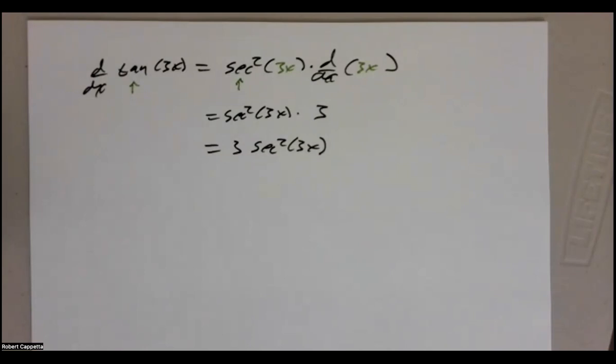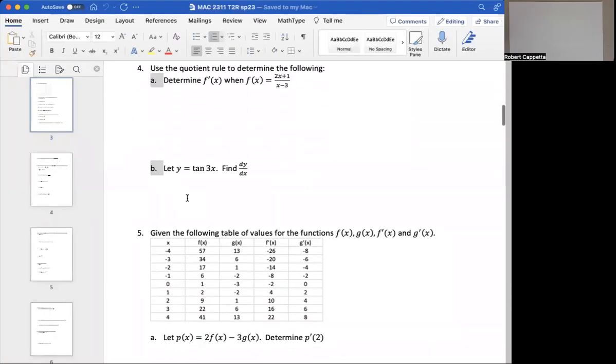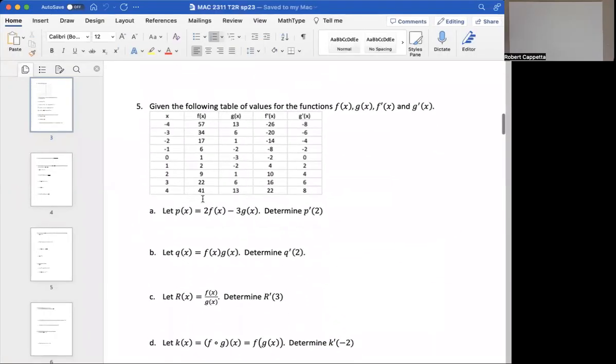All right, we have question 5, A, B, C, D, E. And I may ask you for some help with this one as I am looking at the screen. So maybe I'll pull it up. See what we have there on question 5. So here we go. We have this table of values.